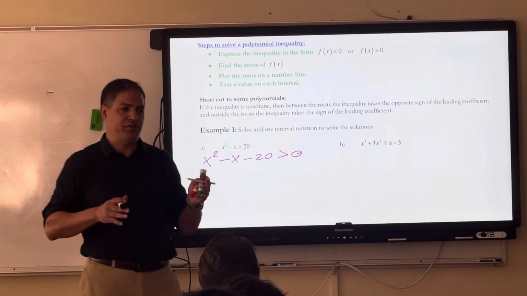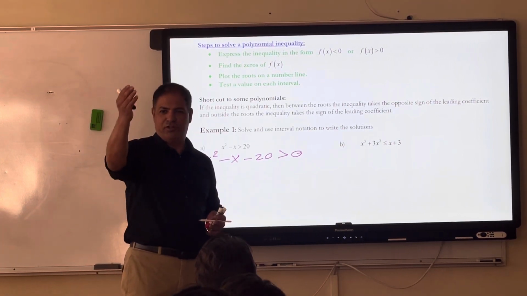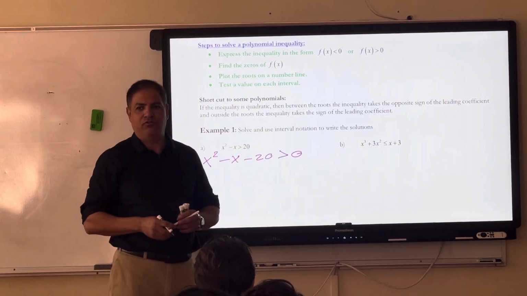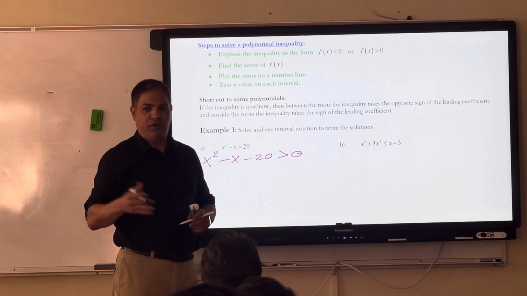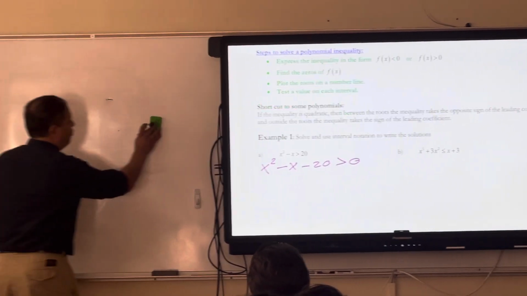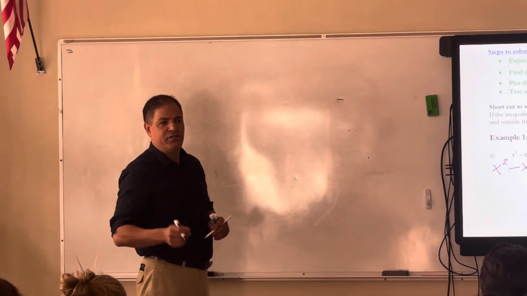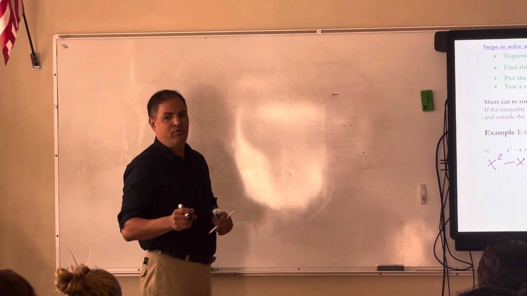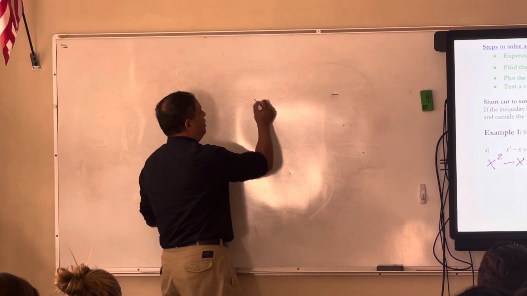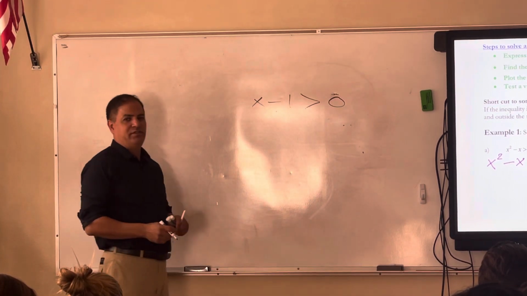Interval notation will be, let's say, going from negative infinity to 2, where 2 is a zero, with either parentheses or a bracket, depending on which inequality we're dealing with. So let me go over a simpler example to explain why I have to find the zeros in order to solve the inequality. Let's work with a very simple inequality, x minus 1 greater than 0.